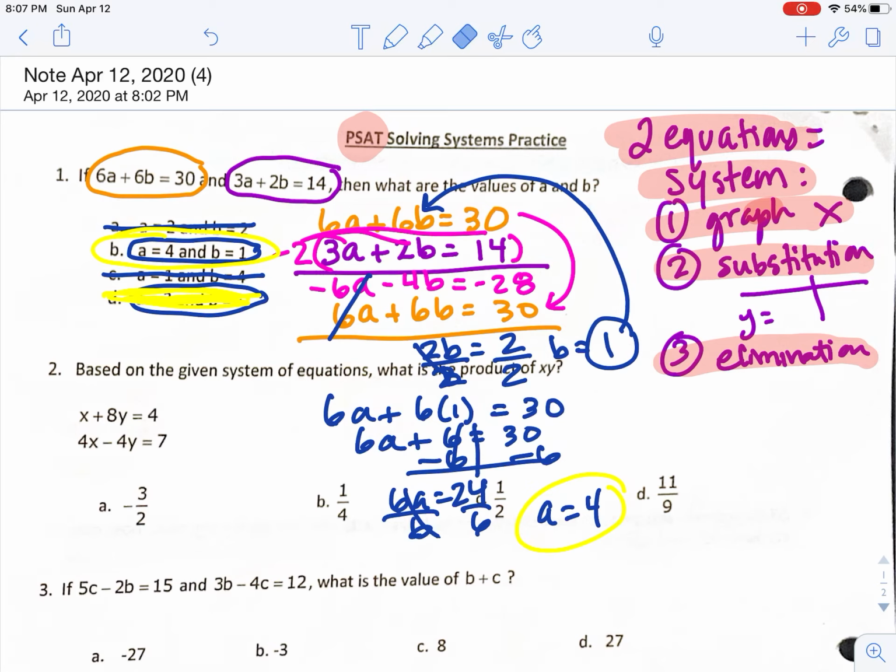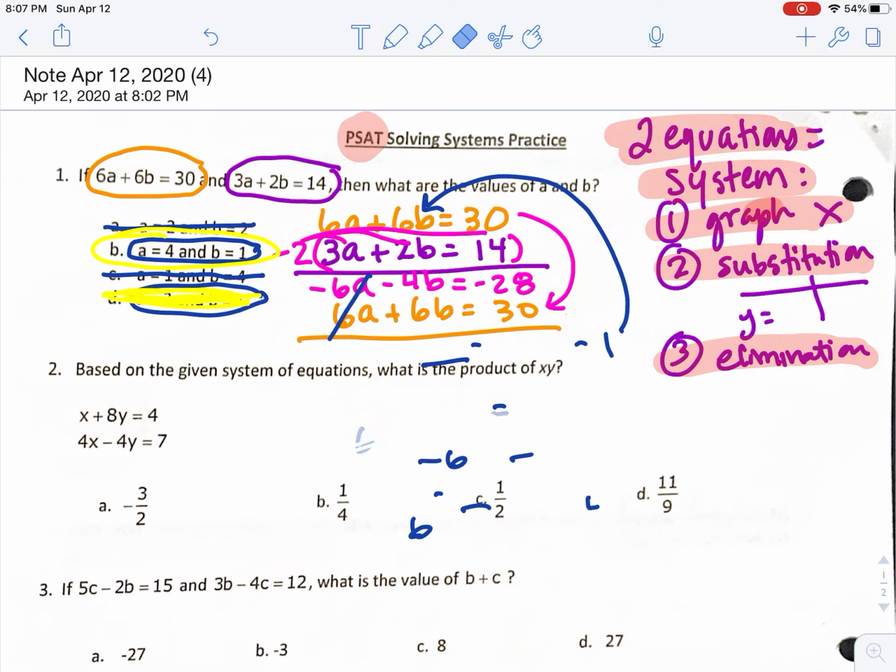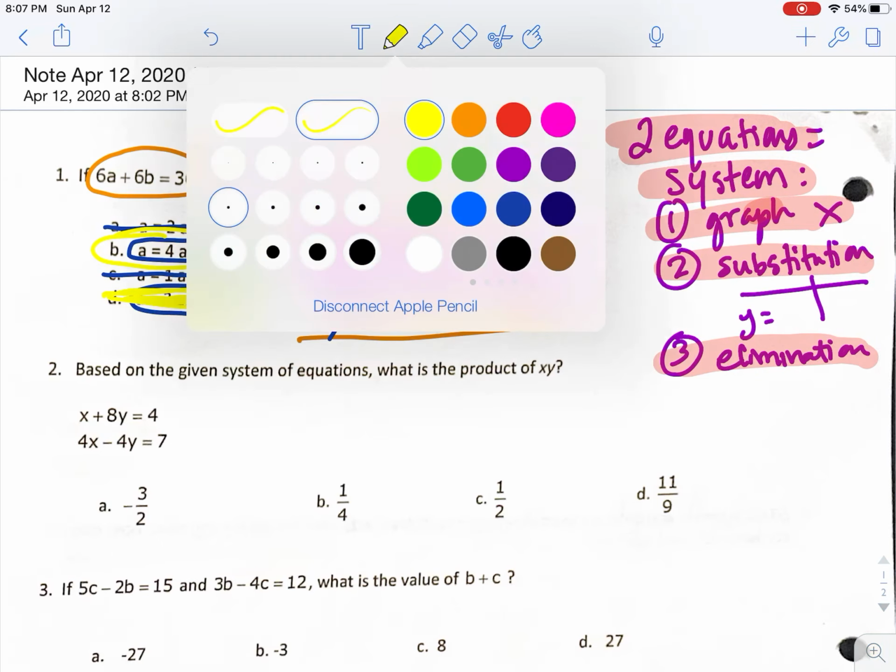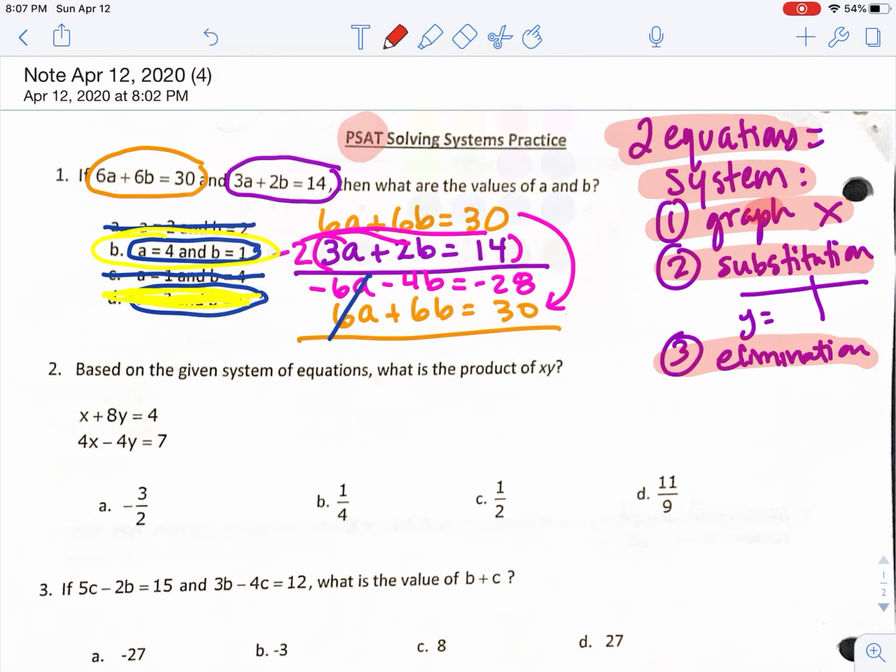Okay, so I'm just going to erase some of this so we have some space. And let's look at the next question. This one says, based on the given system of equations, what is the product of x, y? Product means multiply.